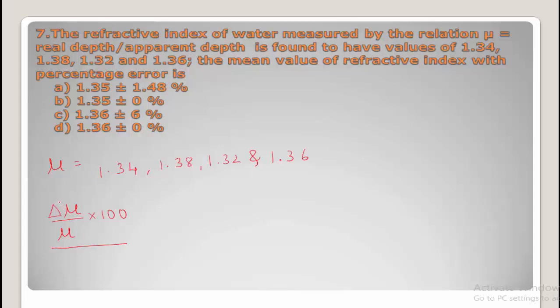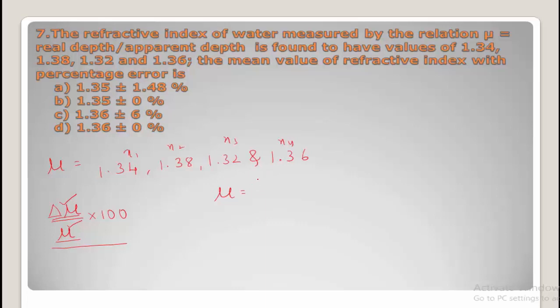So here first we have to determine delta mu and then we have to find out the value of mu. So here delta mu is the error and mu is the average value. So how do you find the mu value? Mu is equals to the average value, meaning if these are x1, x2, x3, x4, to find the mean value you have to add all of these four values and then divide by 4.